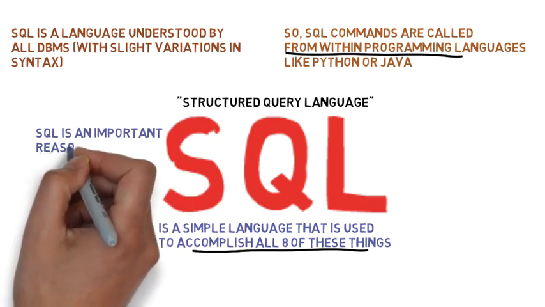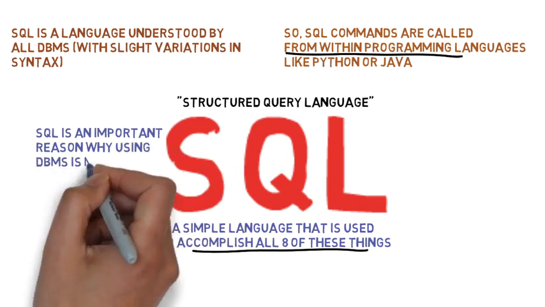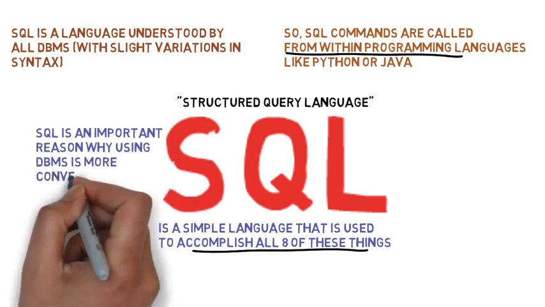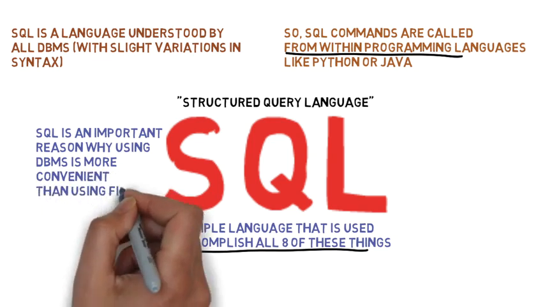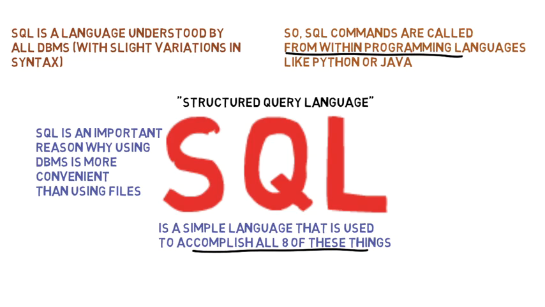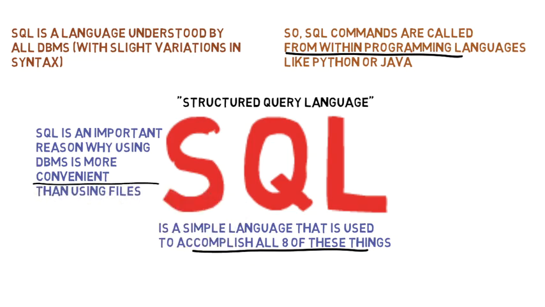SQL is actually an important reason why using a DBMS is far more convenient than using files for persistent storage. SQL helps you do a whole bunch of things, including setting up constraints on the relationships. So SQL is convenient.